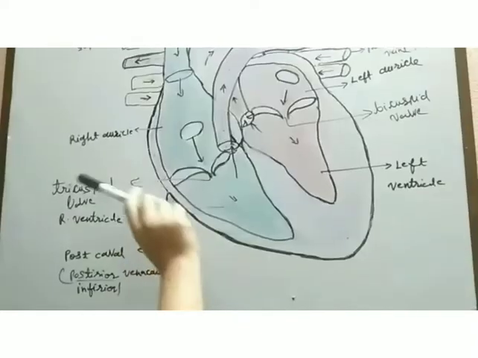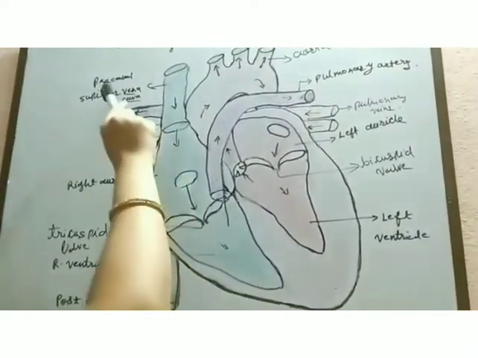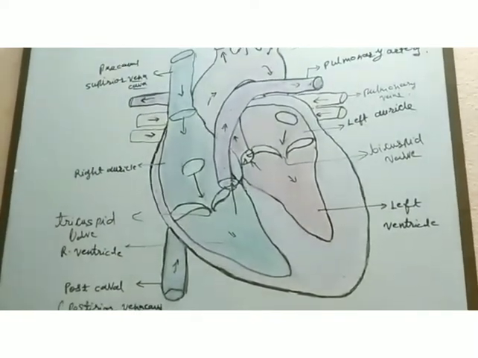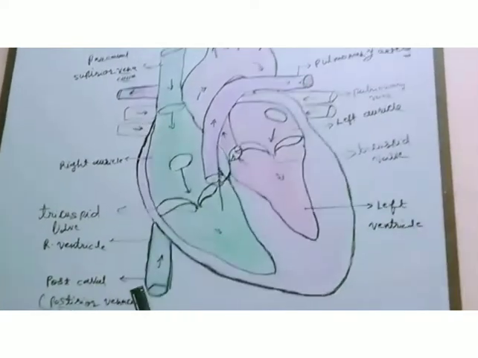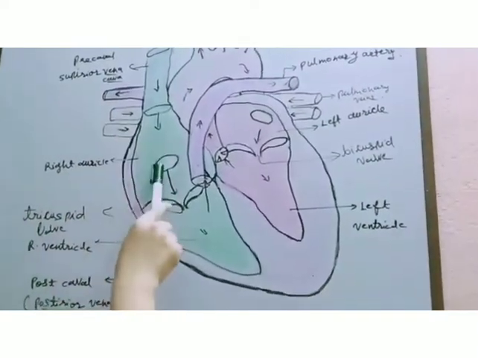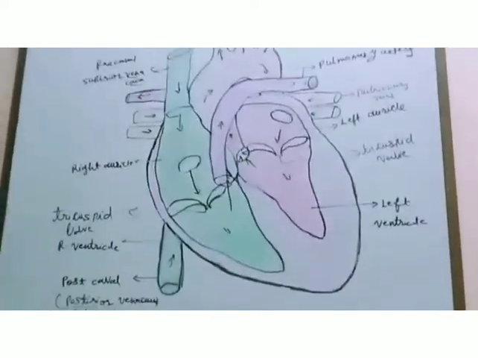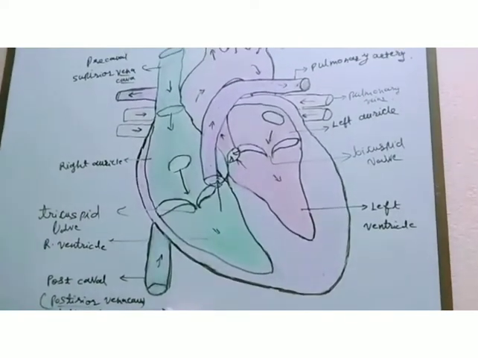Now we have to start from the right auricle. As the superior and inferior vena cava bring deoxygenated blood collected from all the body parts, they pour it into the right auricle. So the first blood received by the heart is in the right auricle.